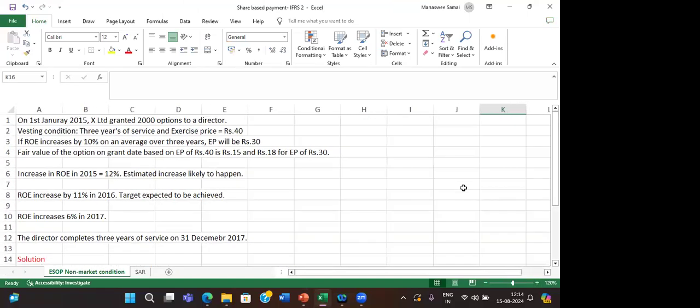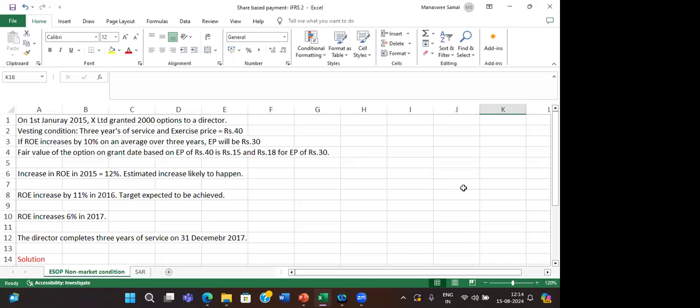So this is an example where we are trying to bring in a non-market condition. That is my ROE. I'm talking about a target ROE. Okay, let us see the question. Suppose on 1st January 2015, X Limited granted 2000 options to a particular director. And the vesting condition you gave is 3 years of service.